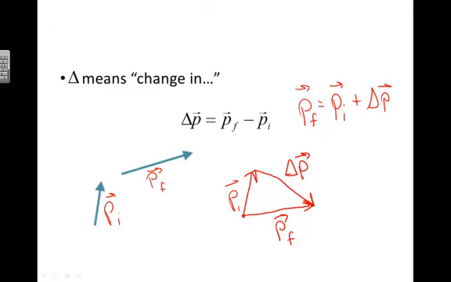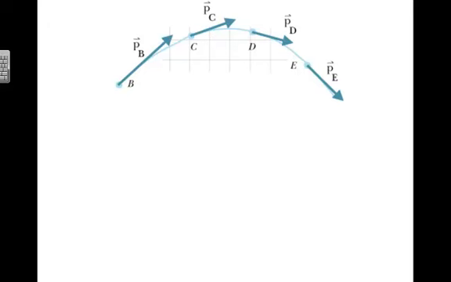So let's take a look at another example, and let's ask, what's the change in momentum between these points here? So what we do is we break this up into little time chunks. Let me look at just this part right here, in which case my P initial would be PB, my P final would be PC, and I'm going to call this delta P BC.